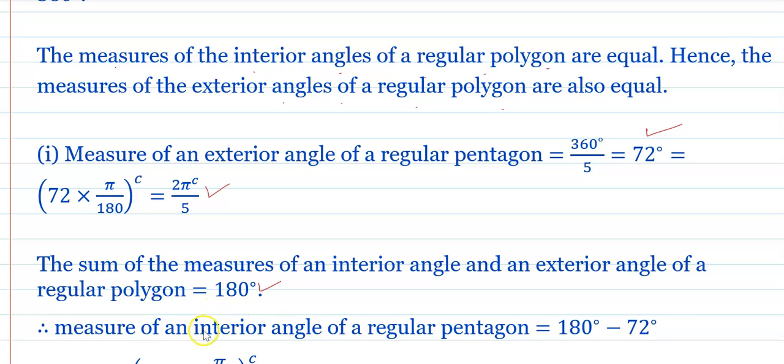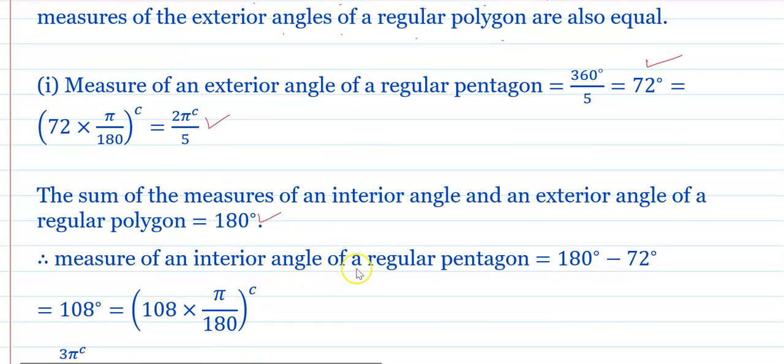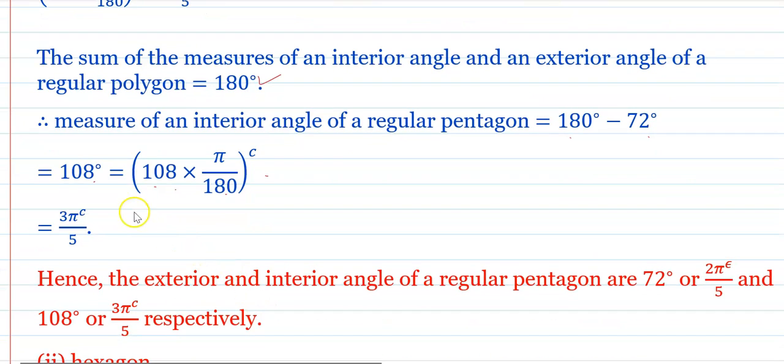And hence, the measure of an interior angle of a regular polygon is equal to 180 minus measure of exterior angle, that is 180 minus 72, is equal to 108. And we will convert to radian, that is 108 into pi upon 180 radian. And again, if we simplify, you will get 3 pi by 5 radian.